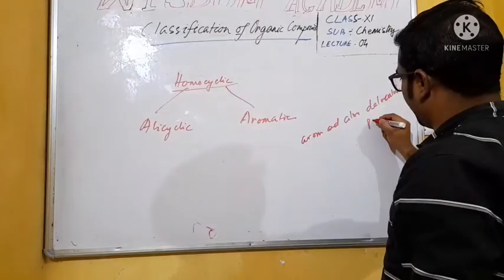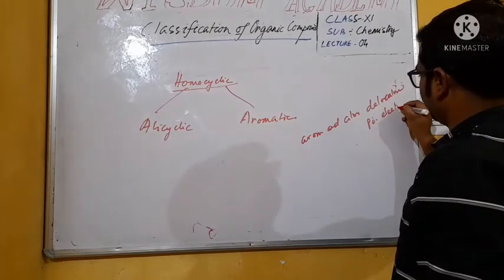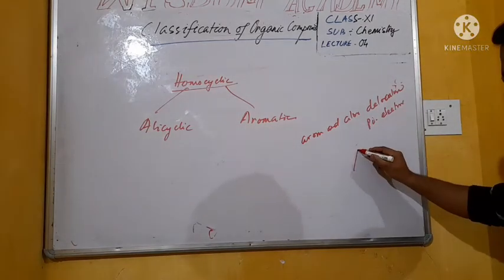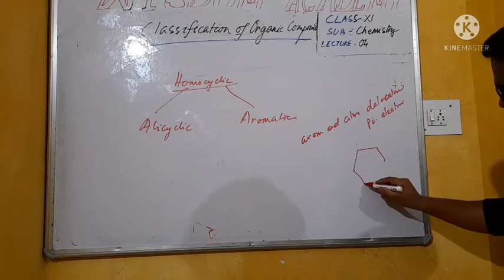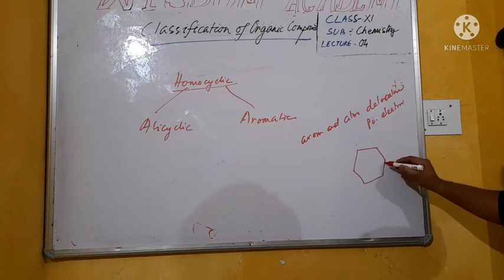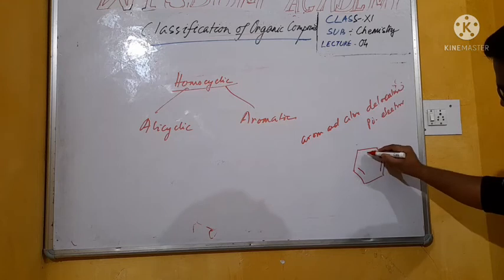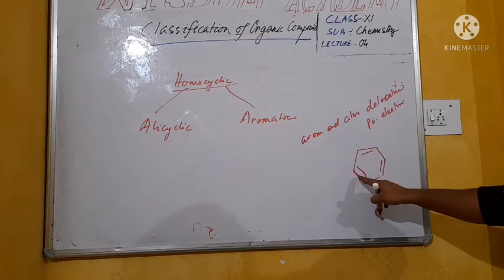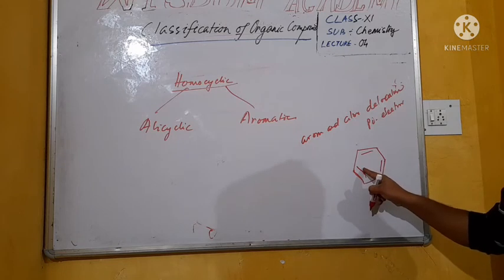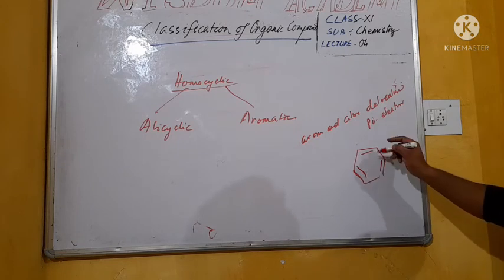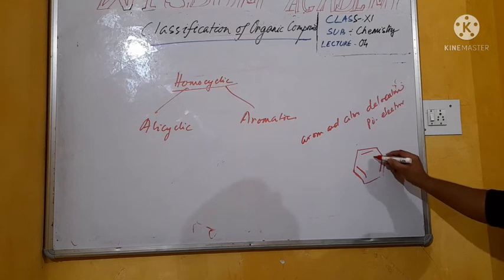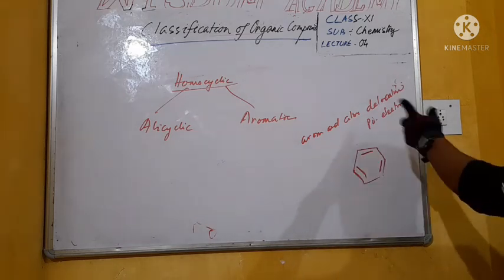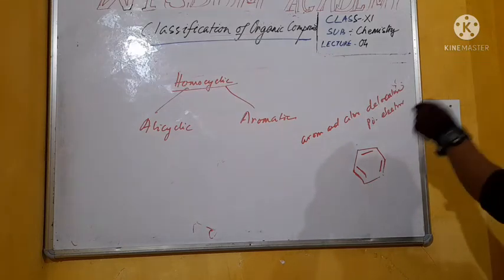What do you mean by delocalized pi electrons? Suppose here is benzene. The structure of benzene is like that. In a double bond, there is a sigma bond and also one pi bond. The pi bonds are not fixed in this formation. So these are delocalized, that means they are not at a fixed point.